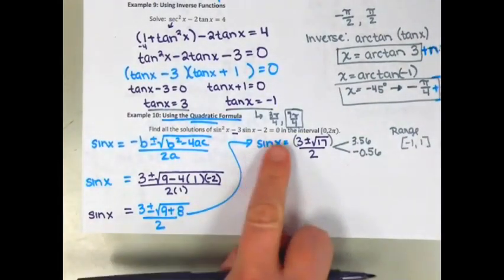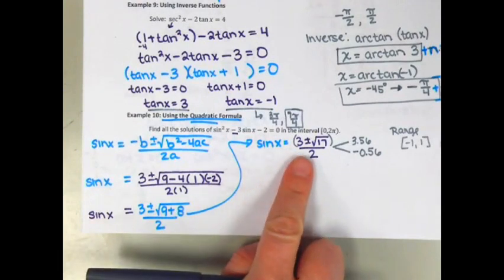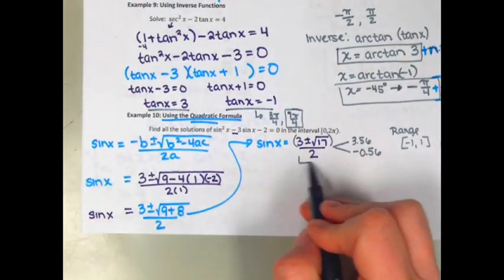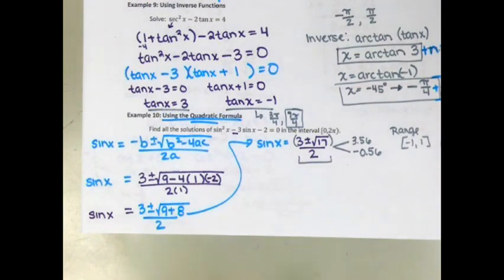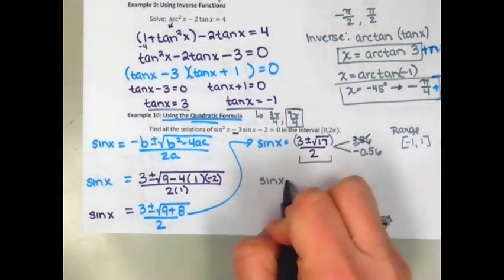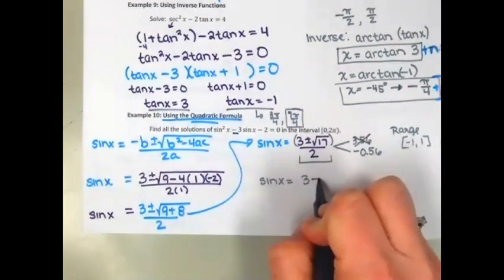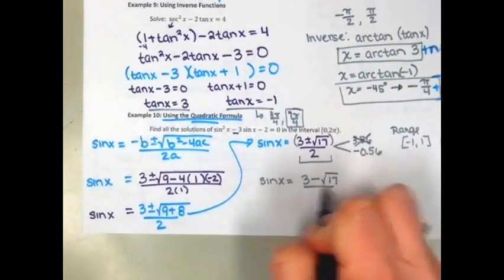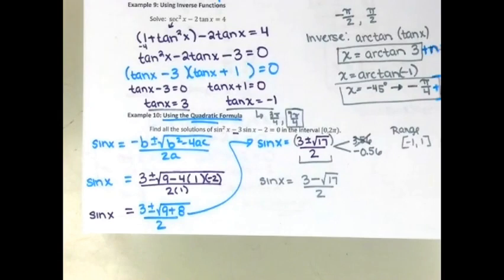So it's saying sine of x usually equals y, right? So this is really my y values here, right? Is there any one of these that would not work? The 3.56. So really the sine of x can only equal 3 minus the square root of 17 over 2, right? Does that make sense to you guys?